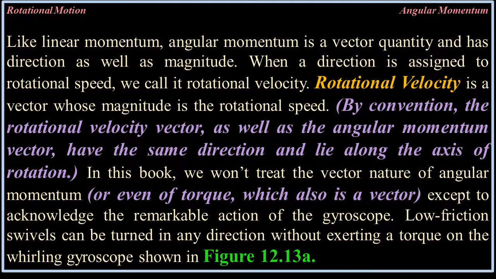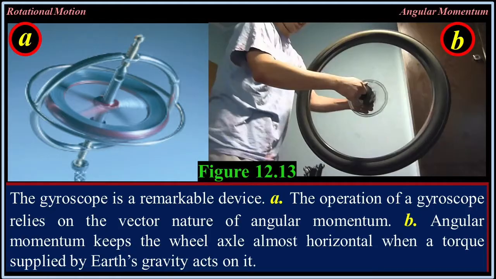By convention, the rotational velocity vector as well as the angular momentum vector have the same direction and lie along the axis of rotation. In this book, we won't treat the vector nature of angular momentum or even of torque, which also is a vector, except to acknowledge the remarkable action of the gyroscope.